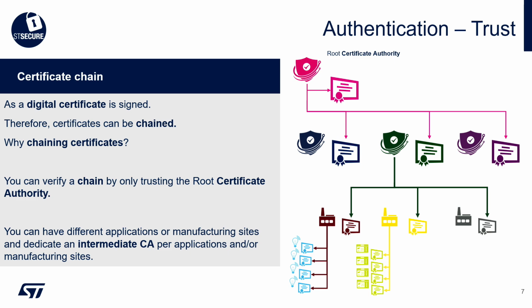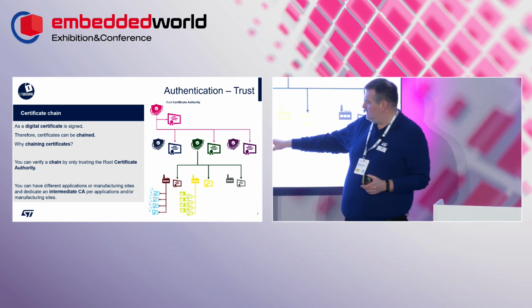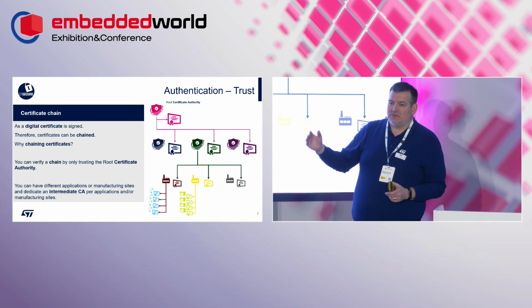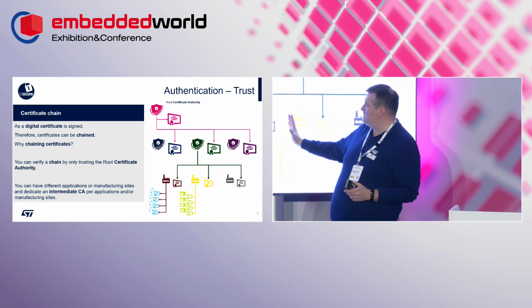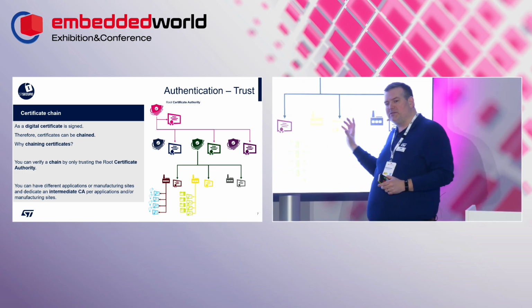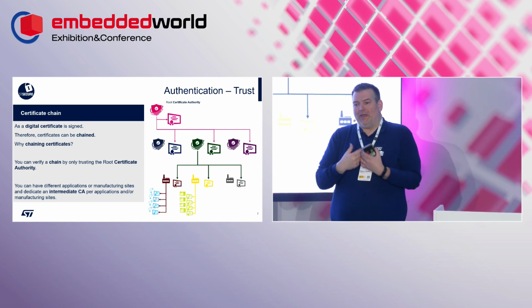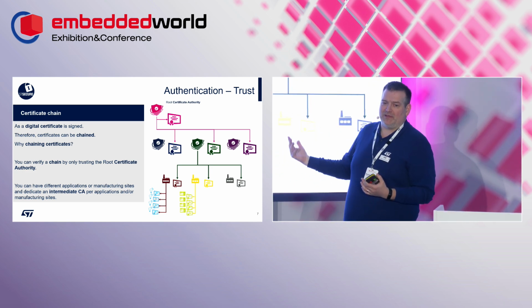But thanks to the chaining of certificates, you can have a master root certificate that can authenticate all the chain down to your object. The certificate authorities between the end device and the root certificate are called intermediate certificates. They can help you to segregate different production manufacturing or different product lines, and have one company certificate to enable authentication on all the devices that you produce.